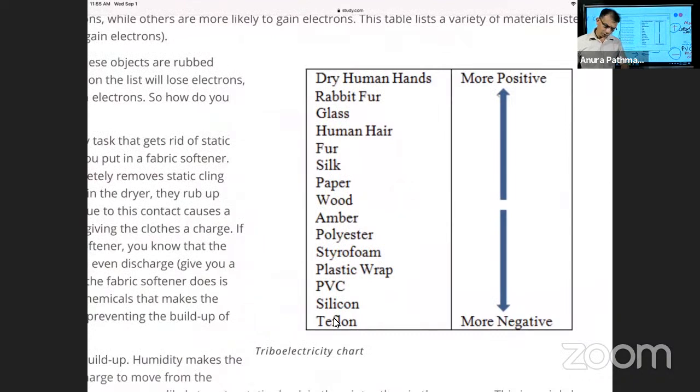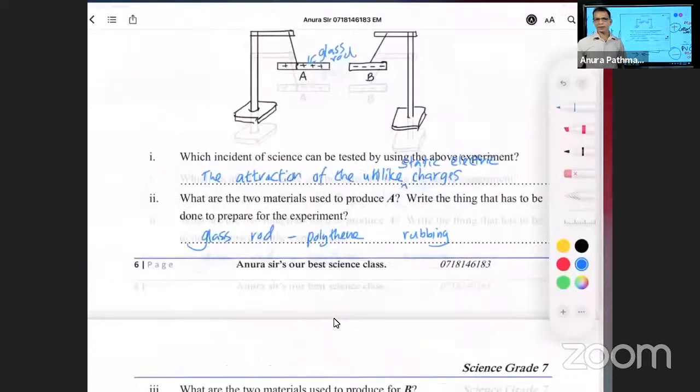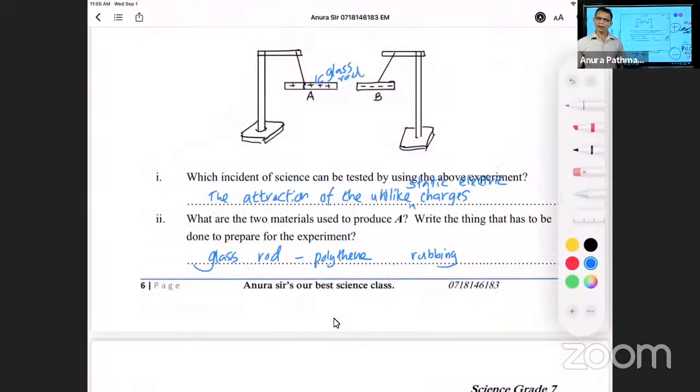As I told you, rabbit fur, glass, human hair are natural. Silk is from that worm, right? Caterpillar, not worm, caterpillar. Paper is from wood. Amber is the malleum. So PVC, plastic wrap, silicone are artificial; except silicone, all these are available naturally.